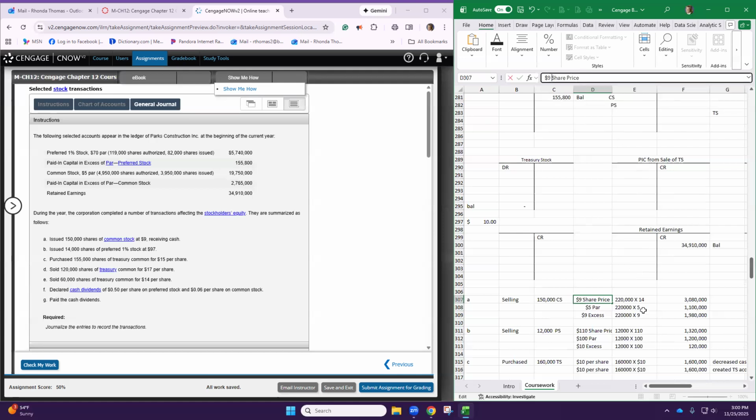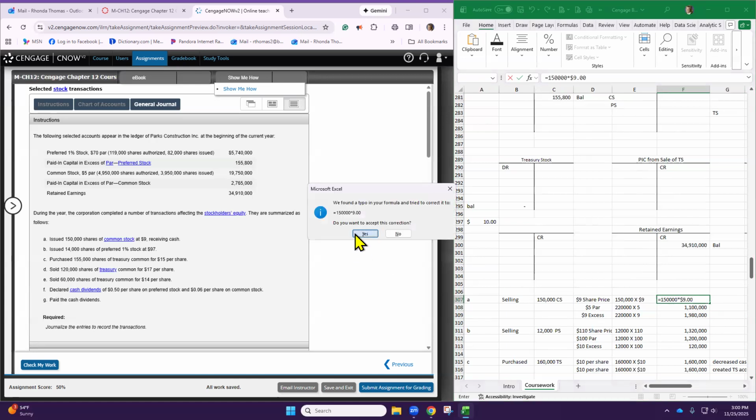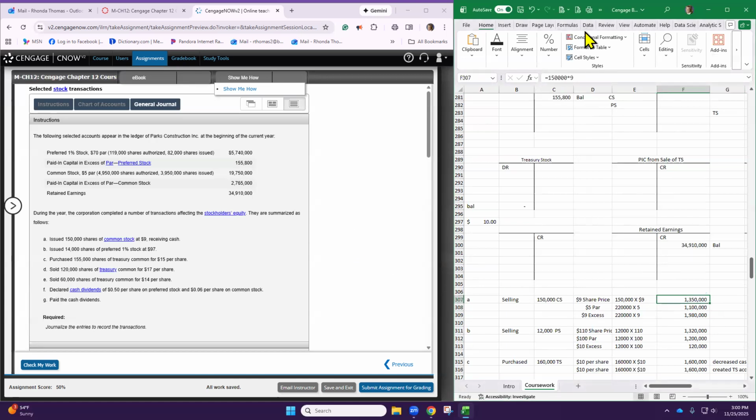So we have to calculate how much: 150,000 times 9 equals 150,000 times $9. I'm going to change all of these to dollars. If you keep them in dollars, it helps.